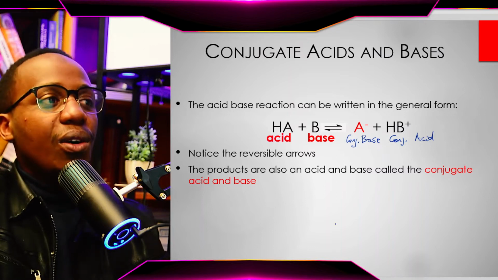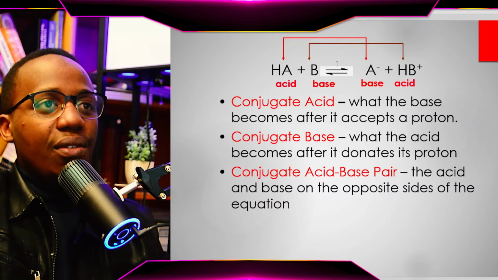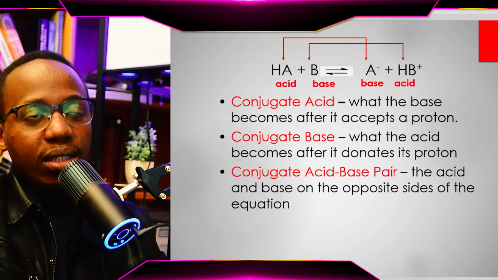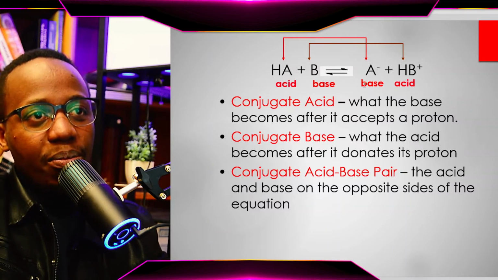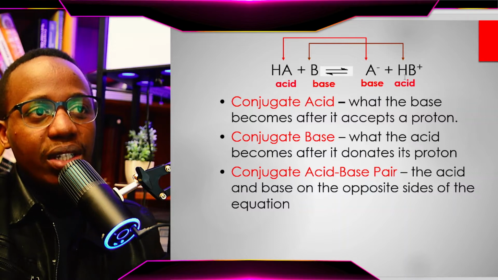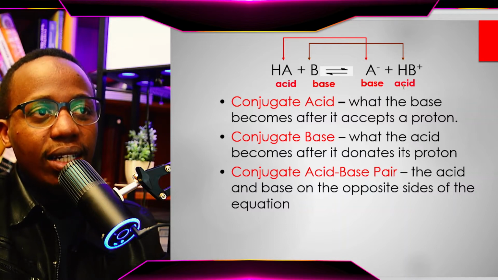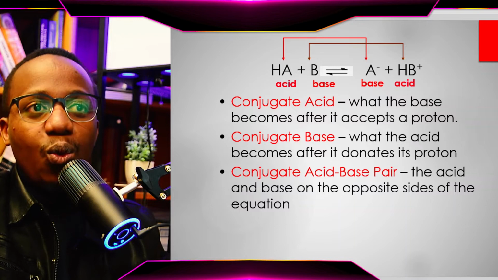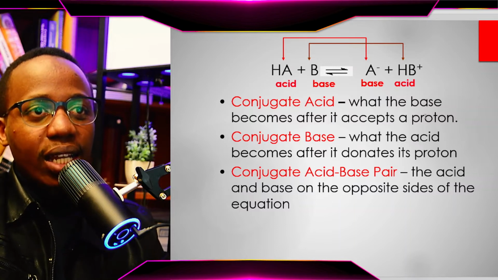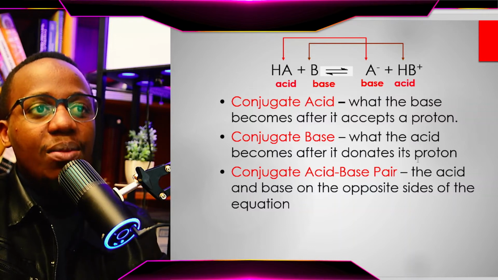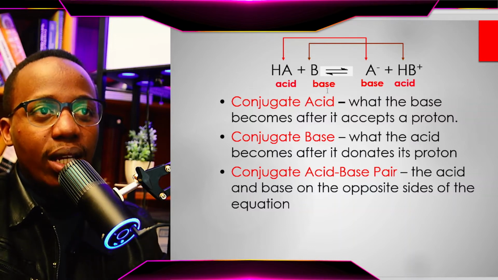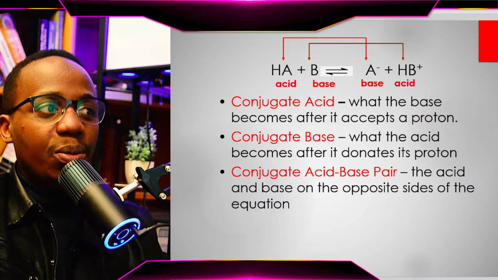All right. So in the end, if you have an acid plus a base, the acid is going to give us a conjugate base. A base is going to give us a conjugate acid. Right? So a conjugate acid is what the base becomes after it accepts a proton. Conjugate base is going to be what the acid becomes after it donates its proton. Right? So this is the pair. It's a nice pair here.